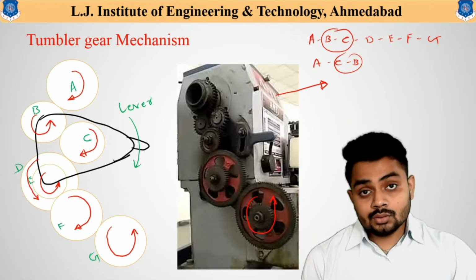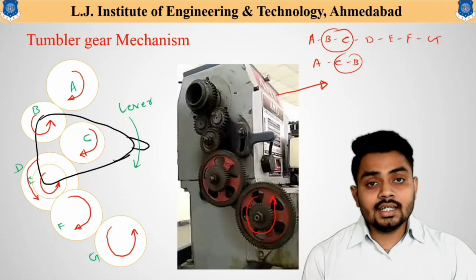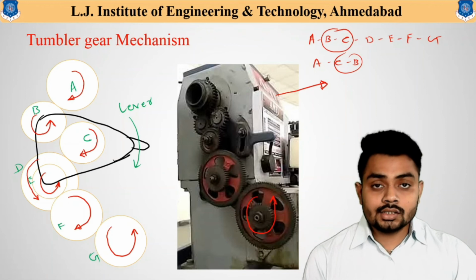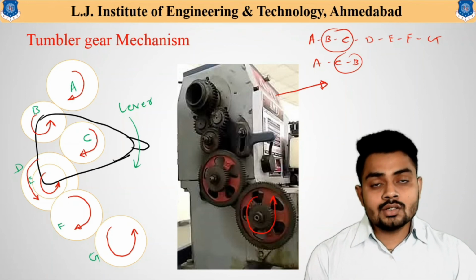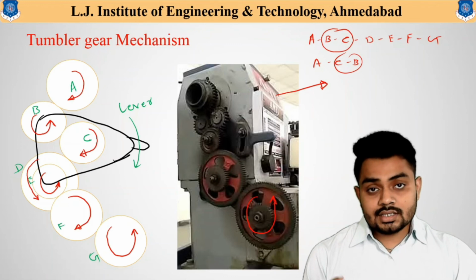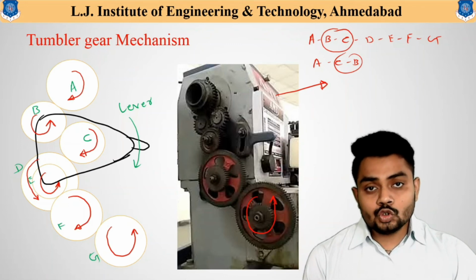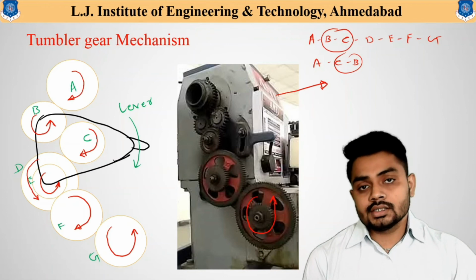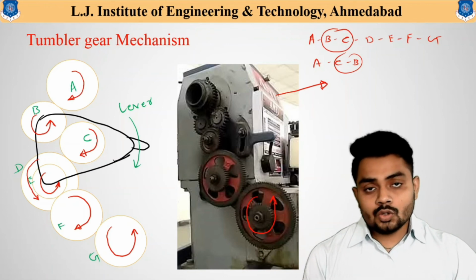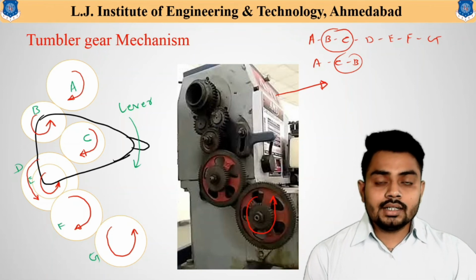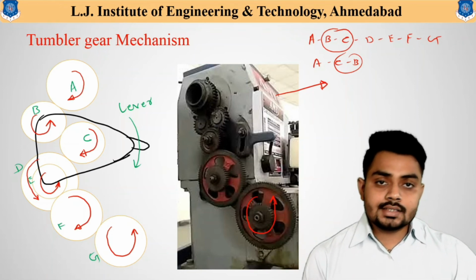So that is how the movement of the carriage from headstock towards tailstock, or tailstock towards headstock, is obtained automatically by using this tumbler gear mechanism. This mechanism is helpful to provide automated movement of the tool during machining operation. So I hope you got the clarity about how this tumbler gear mechanism operates.